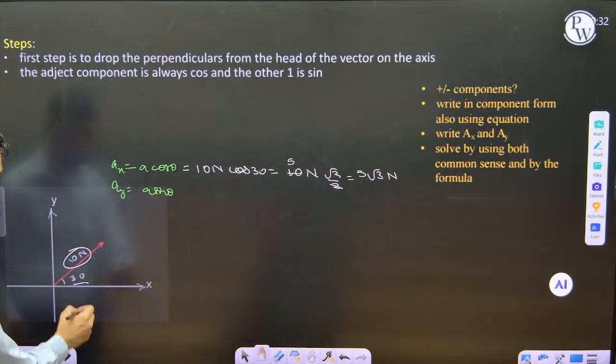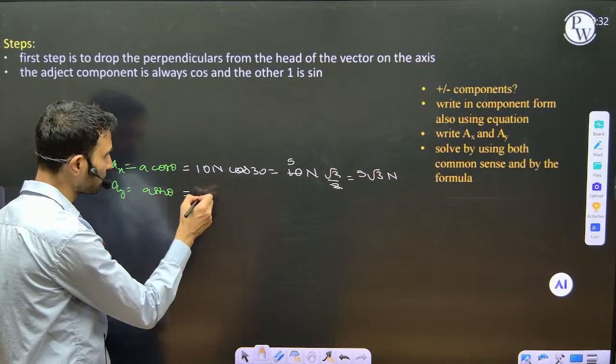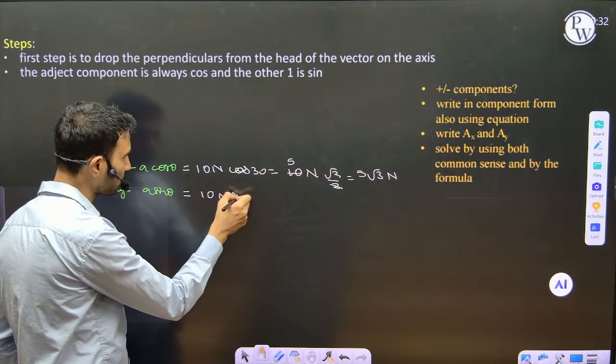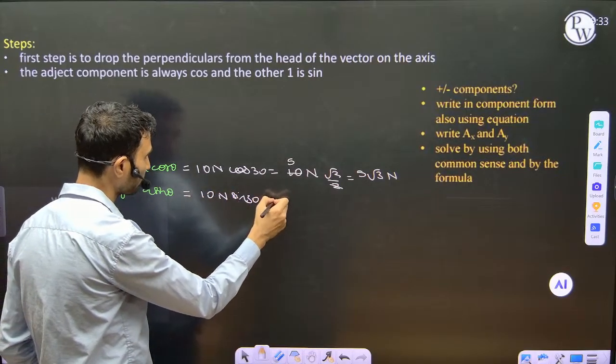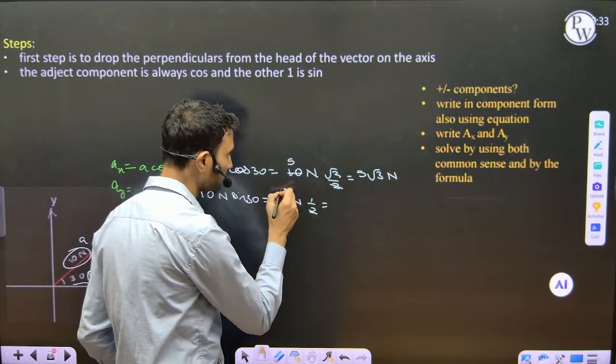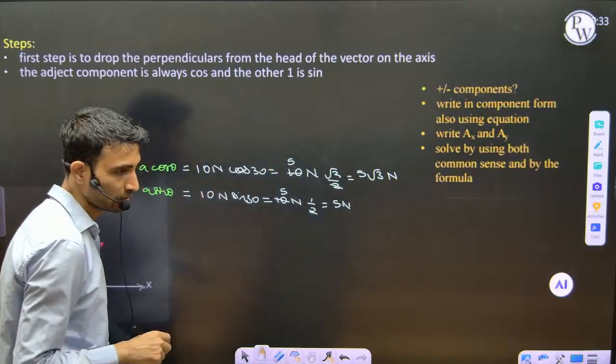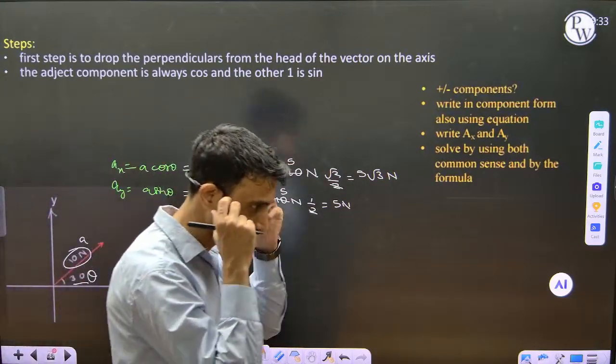Got it? This is theta and this is A. And AY is A sin theta, which is 10 Newton sine of 30 degree, and sine 30 is 1 by 2. That gives me 5 Newton. That is AY. So we got both AX and AY.